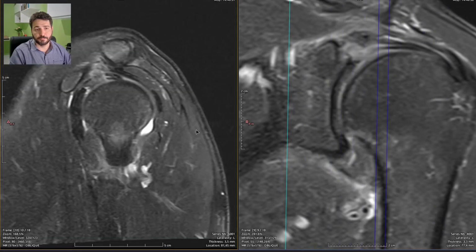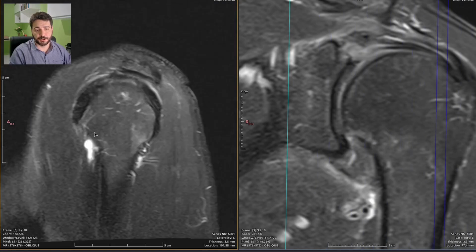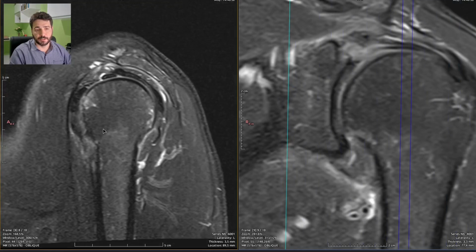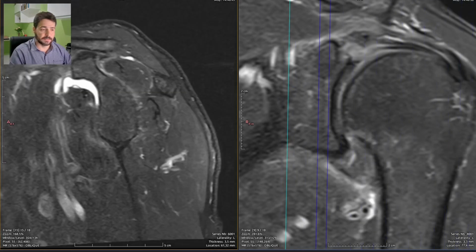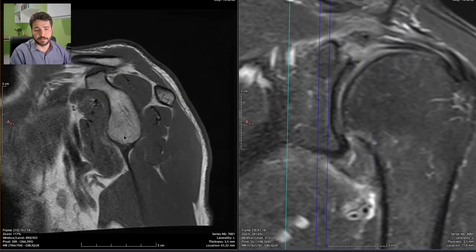So this is a plateful of sickness, of impingement syndrome of the rotator cuff of the shoulder. This is a classic exam. This is a very classic exam.